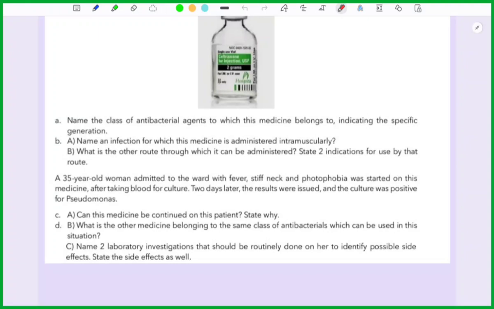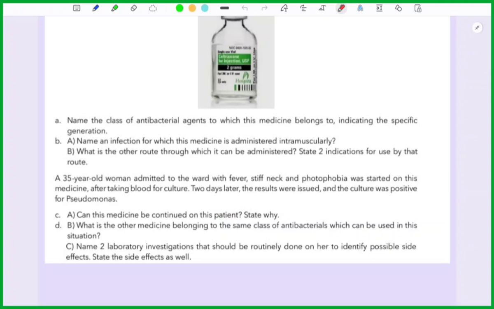Here, ceftriaxone also cannot act against Pseudomonas. So can this medicine, ceftriaxone, be continued on this patient? No, we can't, because it is not effective against Pseudomonas.